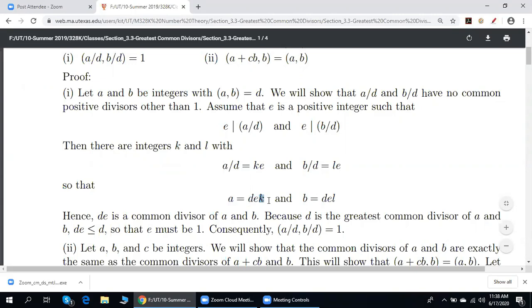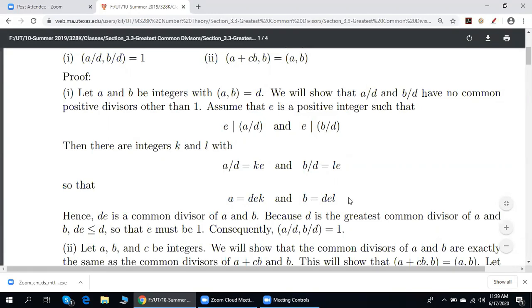By definition of divisibility, a is divisible by de. Similarly, b is divisible by de. Conclusion, de is a common divisor of a and b.